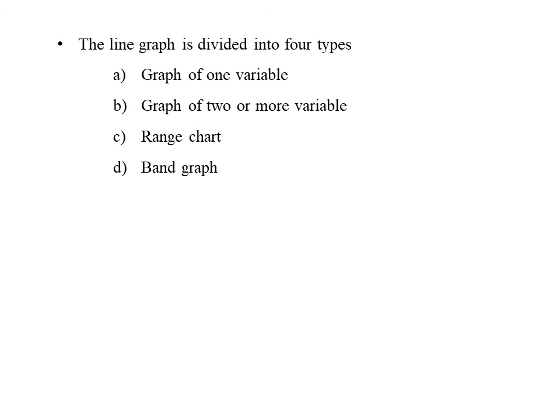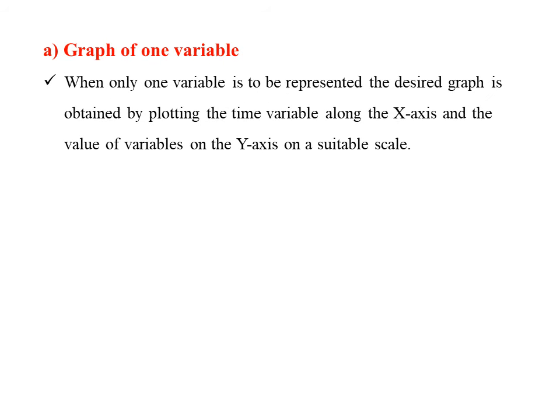The line graph is divided into four types: the graph of one variable, graph of two or more variables, range chart, and band graph. The graph of one variable: when only one variable is to be represented, the desired graph is obtained by plotting the time variable along the x-axis and the values of the variable on the y-axis on a suitable scale.